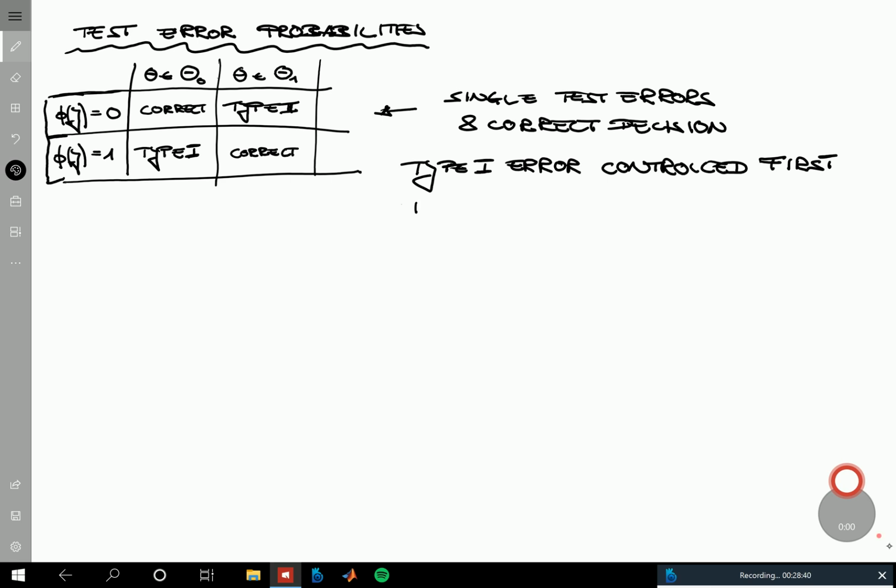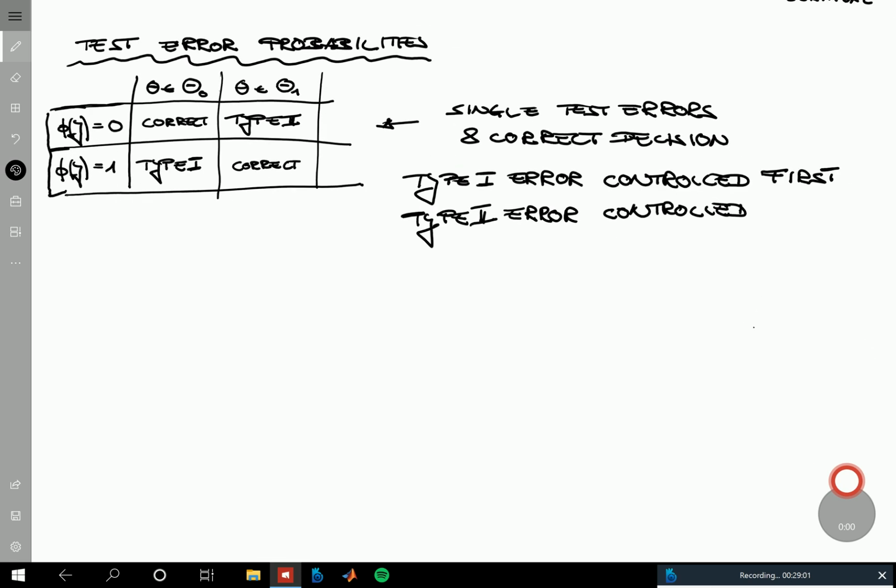Then, as a second thing, people sometimes worry about type 2 errors, but this is usually done in the context of keeping the type 1 error rate at a given level and controlling the type 2 error by, for example, increasing the sample size.